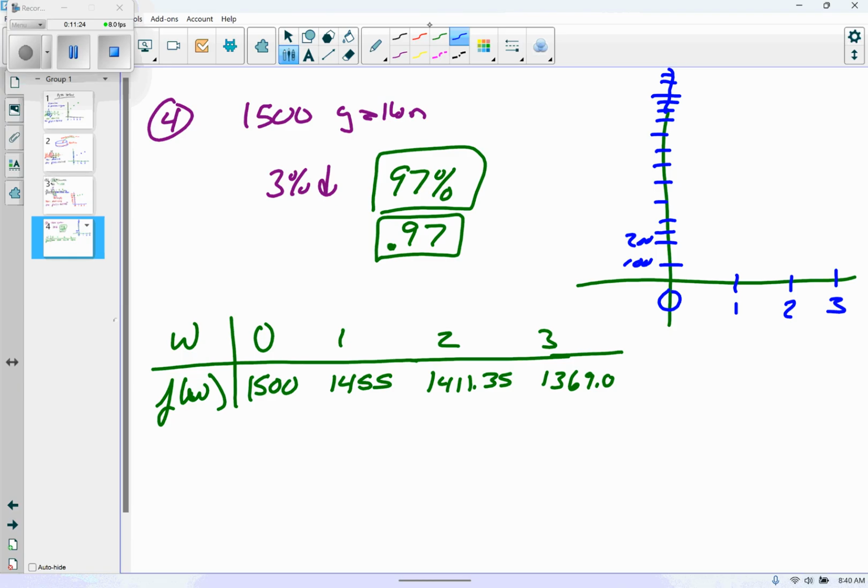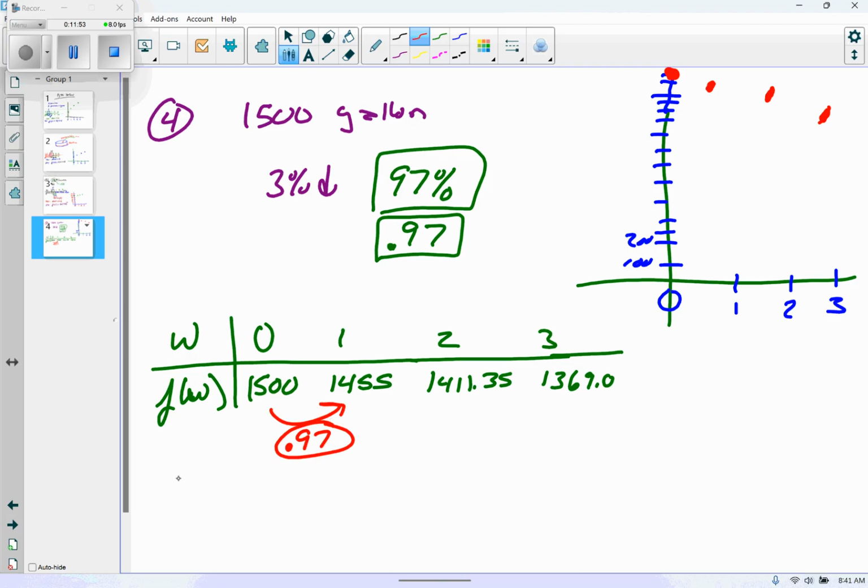Okay, so when I first started draining, it was at up here. After the first minute, we are at 1455. So it might have been here. Second minute was at 1411, so it's right here. Third minute, we're at 1369. So it's definitely going down, but we're multiplying. So we're multiplying each of these by 0.97.